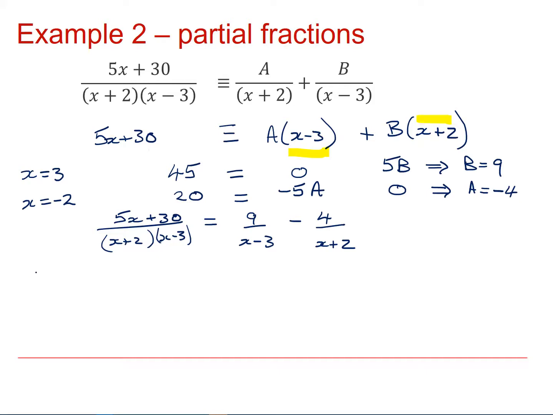So now the integral that I'm trying to do, if you remember back from the last slide, I've got 5 plus 9 over (x - 3) minus 4 over (x + 2).